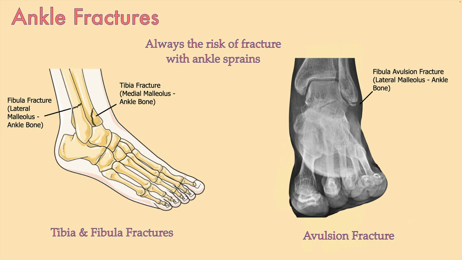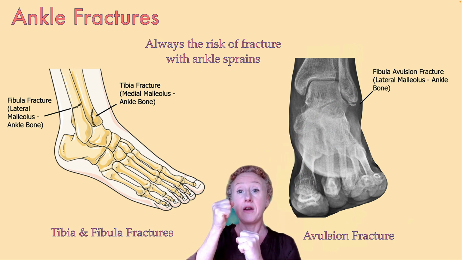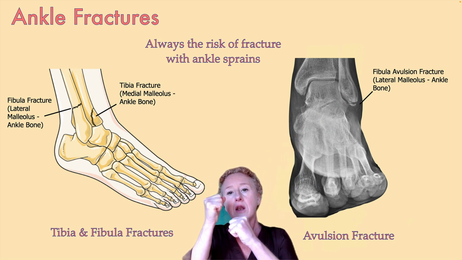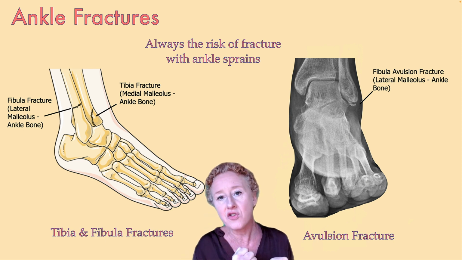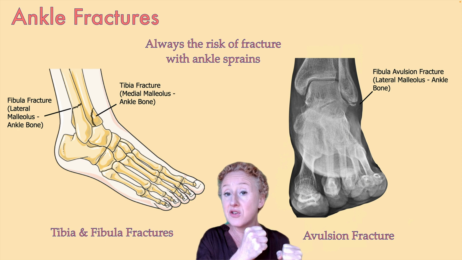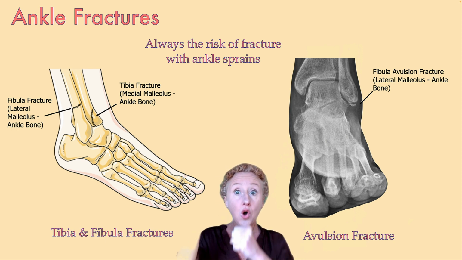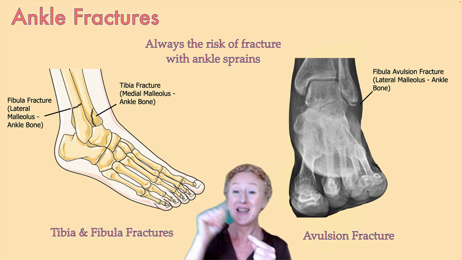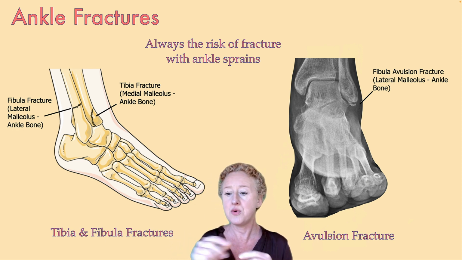Remember, that's where that calcaneofibular ligament attaches. Sometimes, depending on the angle that you fall at, the ligament can actually pull away a piece of bone. So actually the ligament's still intact, but it's pulled away a piece of the bone, so it's no longer attached, but it's the bone that's not attached to itself rather than the ligament not attached to the bone.